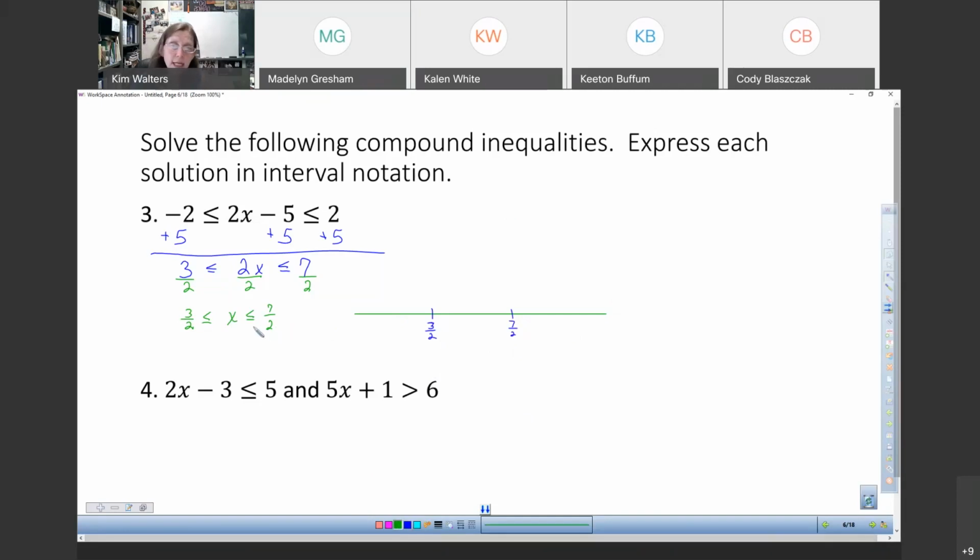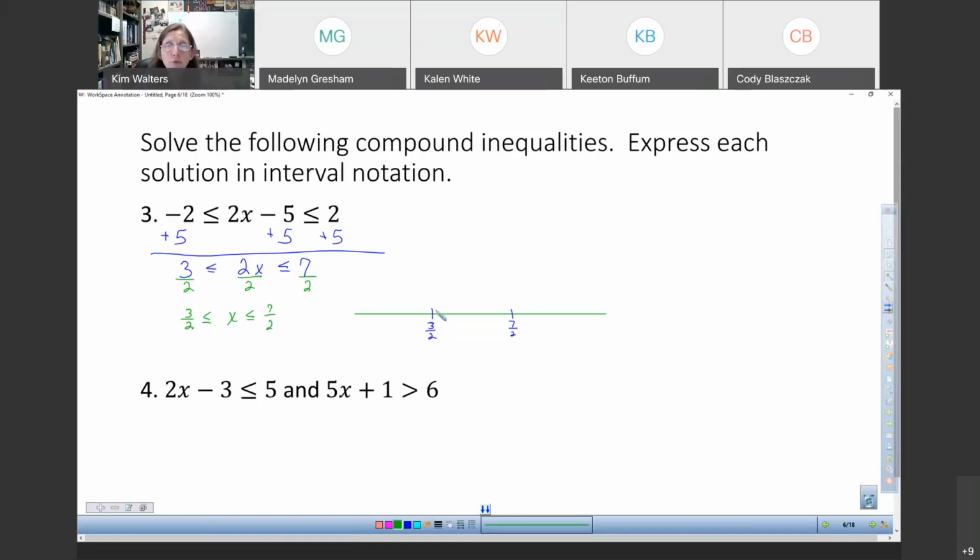I can read this a couple of different ways. I like to read this as x falls between 3/2 and 7/2 because literally to me that's exactly where it is. You can also read this as x is less than 7/2, and if I read from x is greater than 3/2, or 3/2 is less than x.